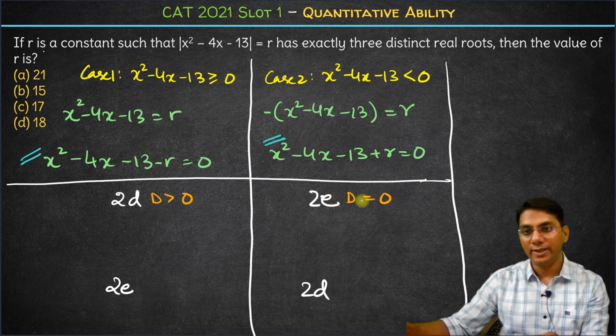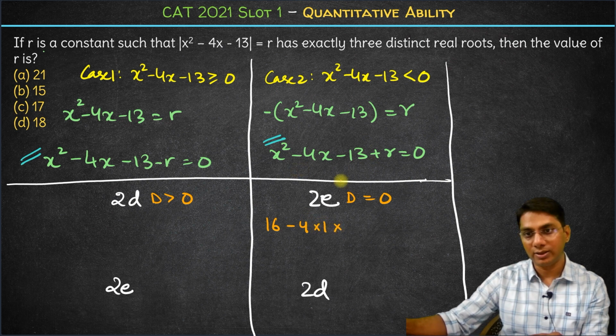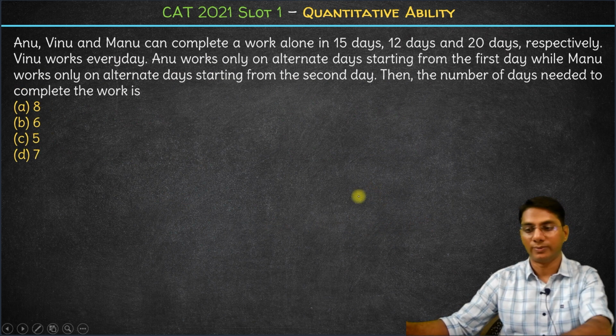So here D should be greater than 0 for one, and for this one D should be equal to 0. The discriminant of this equation is b square, which is minus 4 whole square, minus 4 into a into c, the constant part, which is minus 13 plus r. This should be equal to 0.